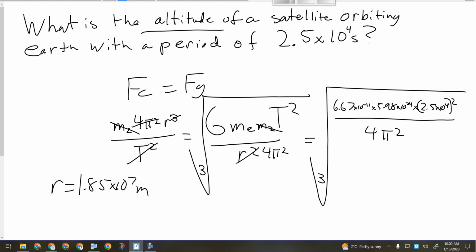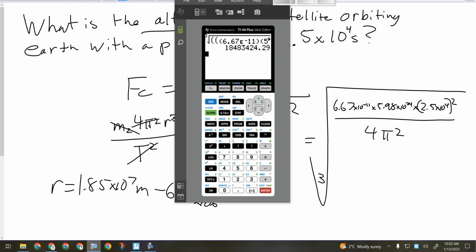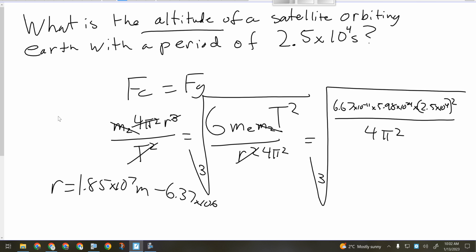I need to now do what in order to get the altitude? Subtract the radius of the Earth, so minus 6.37 times 10 to the 6, and that will give me my altitude. So my final answer would be 1.2 times 10 to the 7 meters above the Earth's surface.